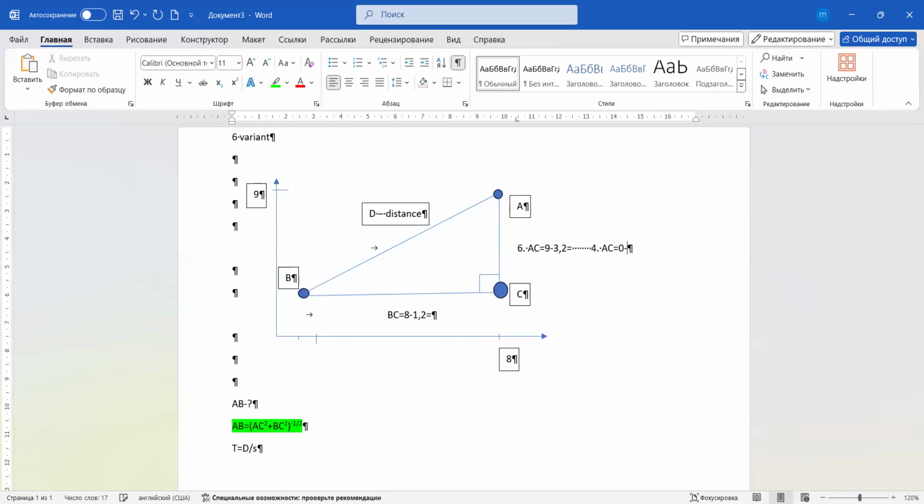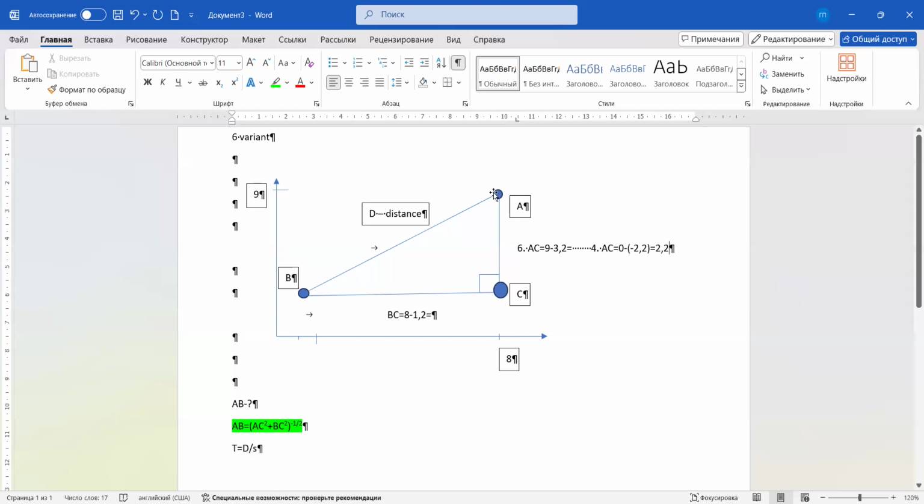The distance minus our point B, y minus, it is plus. Oh, sorry, 2.2.